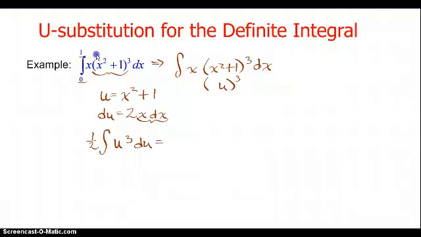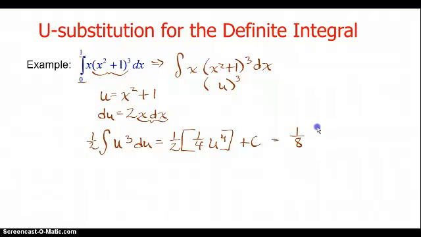I want to take a complicated integral, and the result should be a much more simple integral. Pop your constant out front. Find the antiderivative. Everything that we learned when we were working with the indefinite integral still applies here. So the antiderivative function is 1/8 u to the 4th plus c.